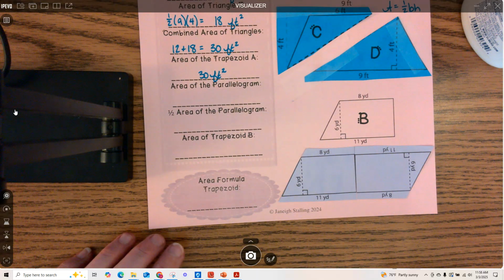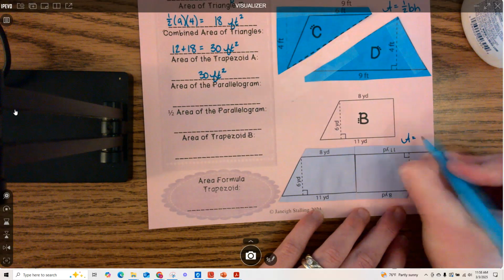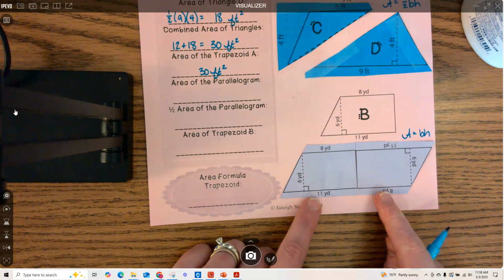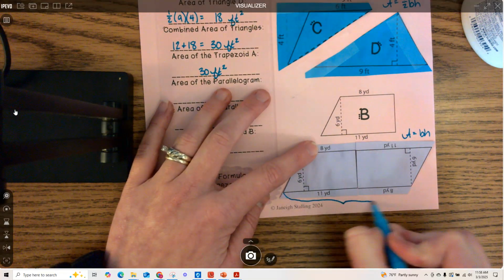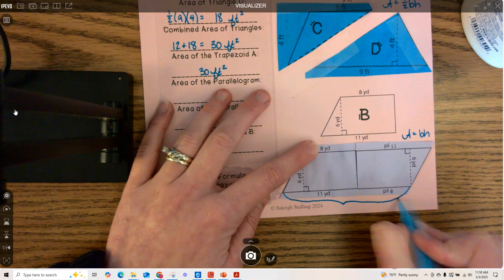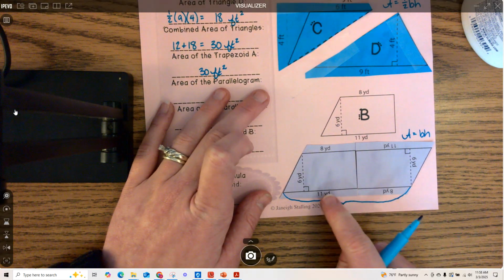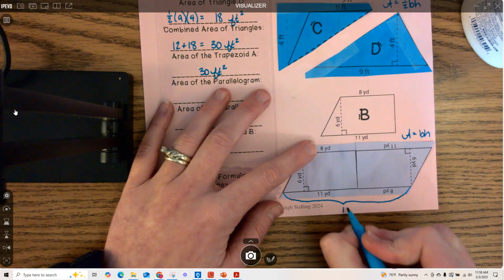So what was our formula for area of a parallelogram? Base times height. Okay. So to find the base of this parallelogram, it goes all the way from here to here. So I'd have to add these two pieces together, 11 and then the 8.